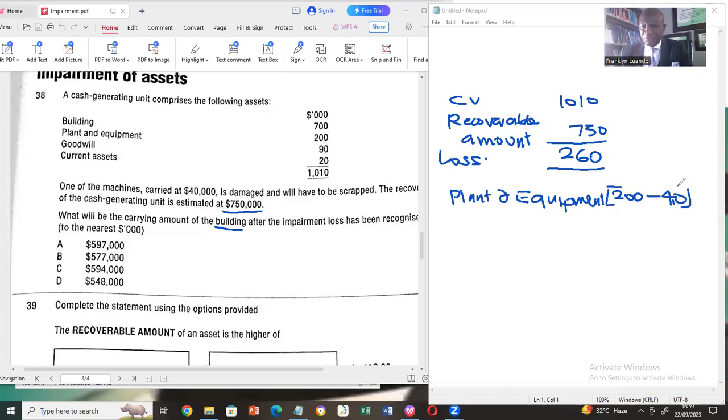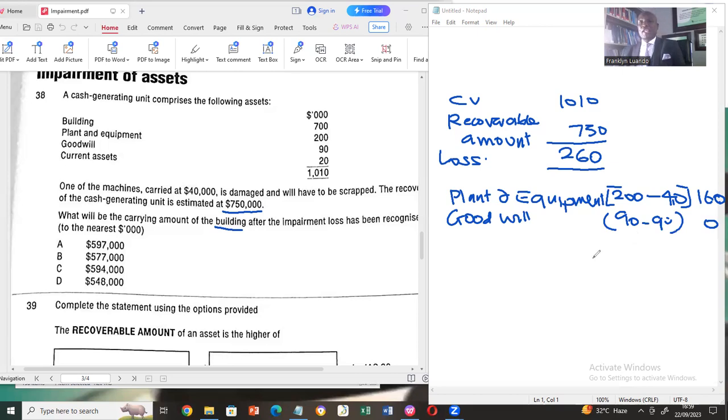So we have 160, which is remaining after the allocation of impairment. The second will go to goodwill. Goodwill, we have 90, less 90, is 0.